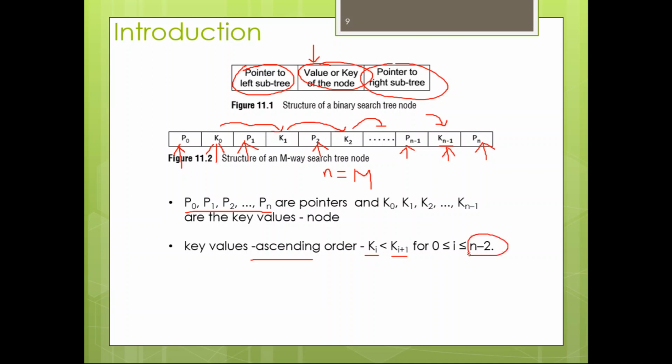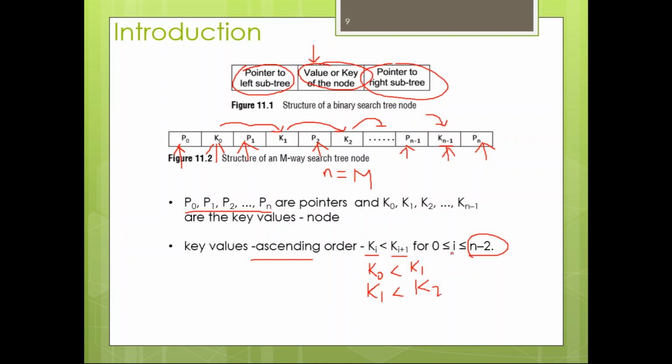Why are we saying 0 to n minus 2? If i is 0, then it means key 0 is less than key 1. If i is 1, then key 1 is less than key 2, and so on and so forth.